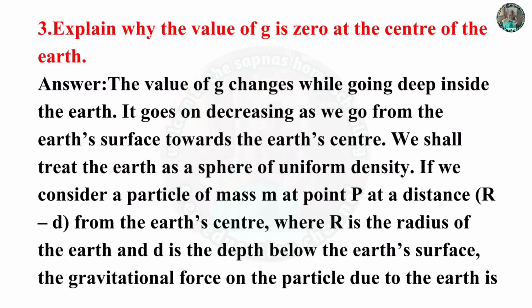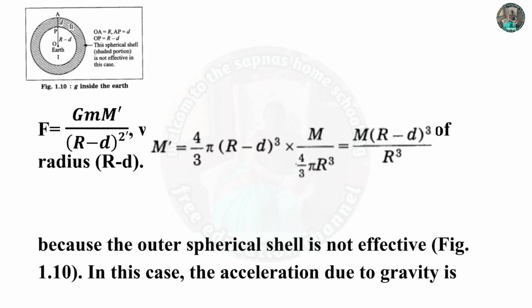The gravitational force on the particle due to the earth is F = GMm'/(r − d)², where M' = (4/3)π(r − d)³ρ = M(r − d)³/r³, because the outer spherical shell is not effective (figure 1.10).